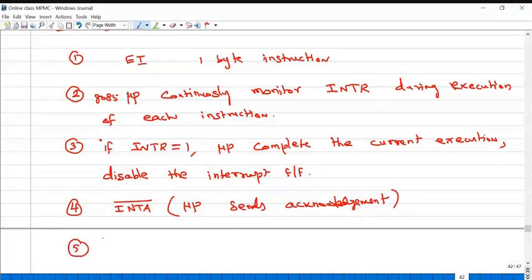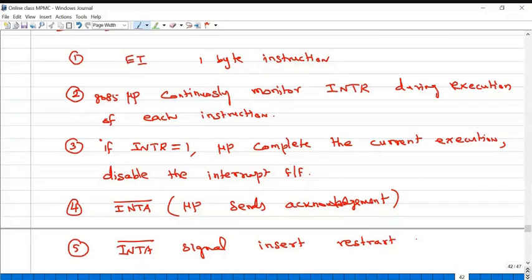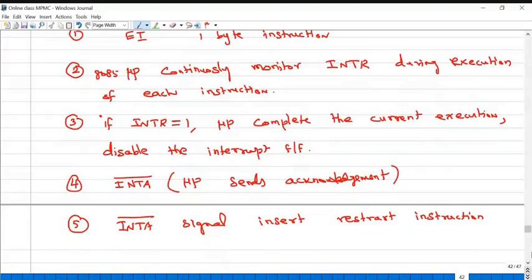Once the INTA signal is issued by the microprocessor, this INTA signal inserts a restart instruction, that is RST 0 to 7.